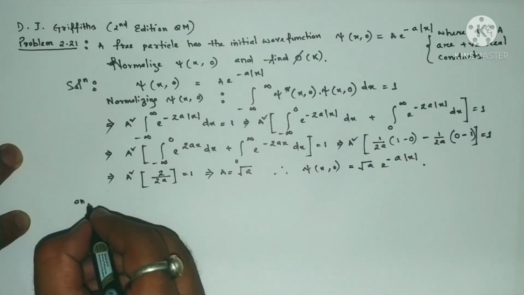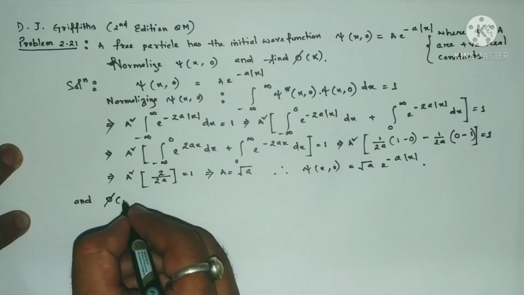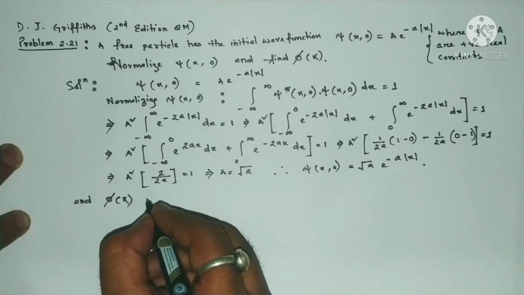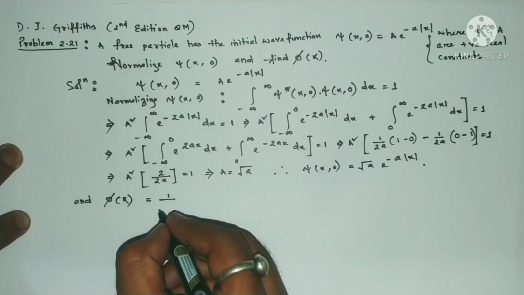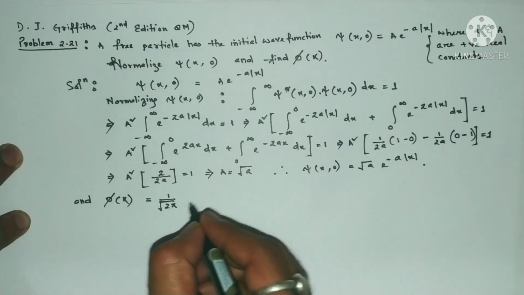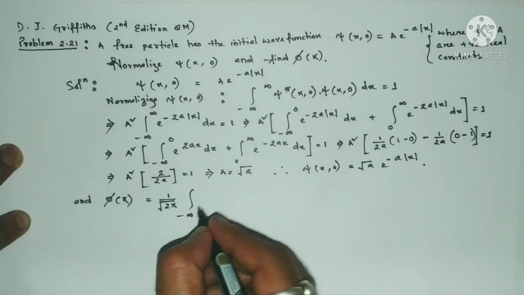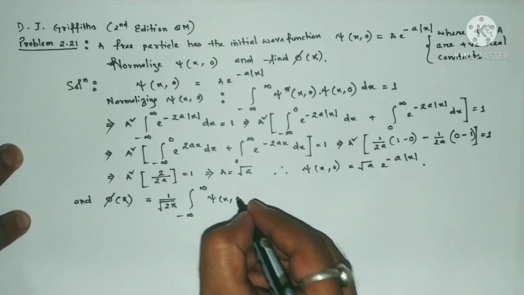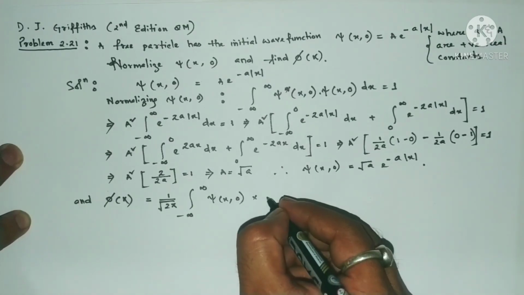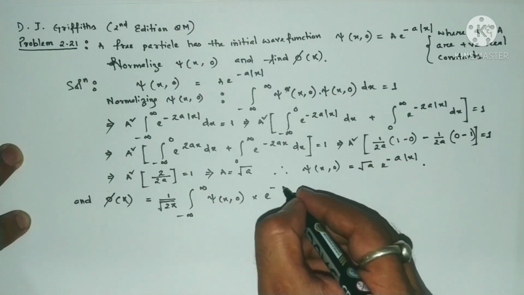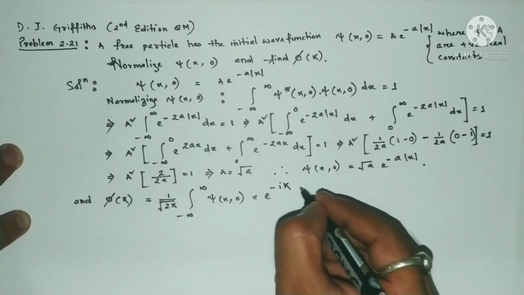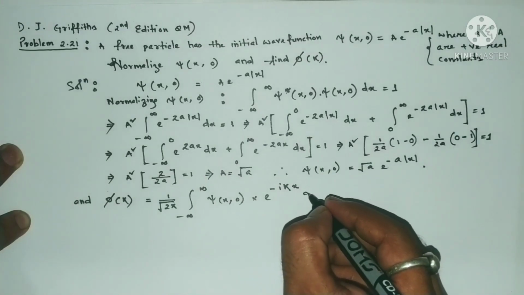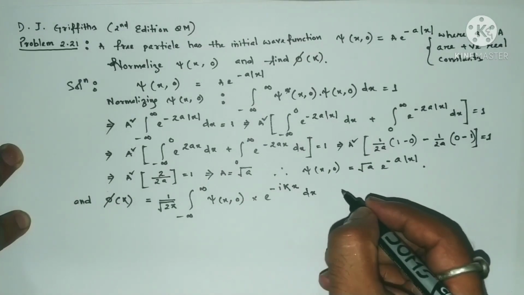And for phi of k, we have it in k space. So this is equal to the constant 1 by under root 2 pi, integral from minus infinity to plus infinity of our psi of x comma 0 multiplied by the factor e raised to minus i k x, multiplied by dx.